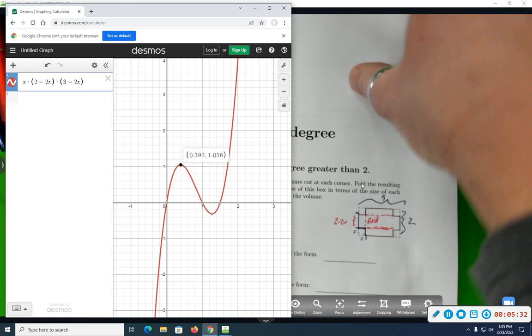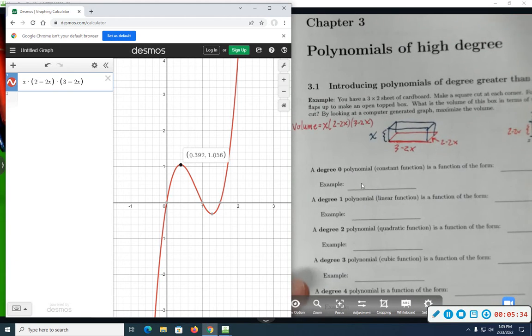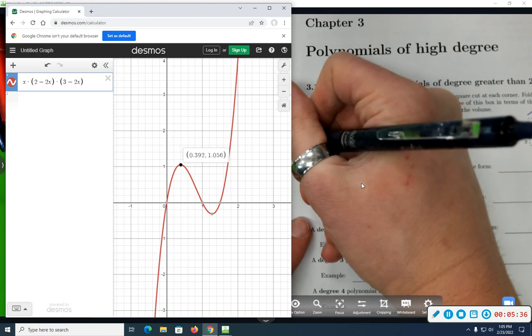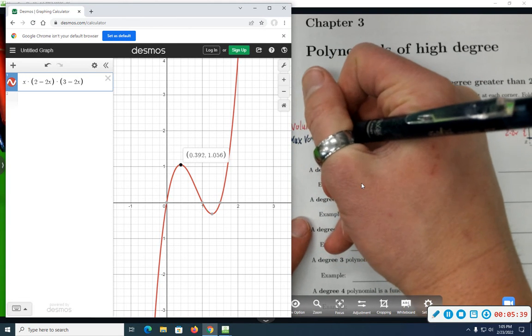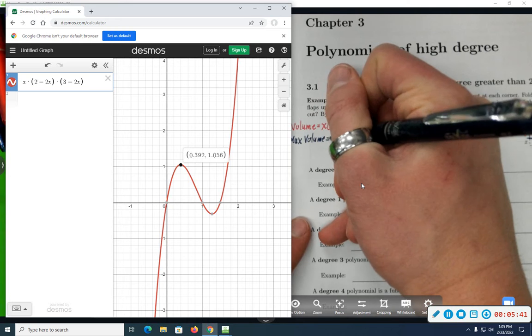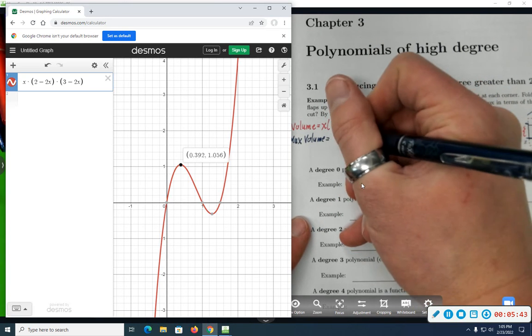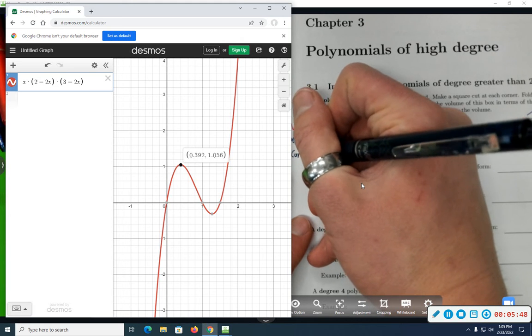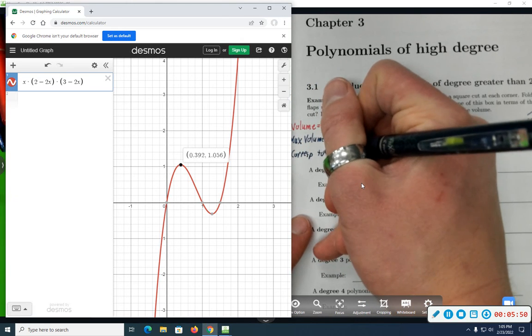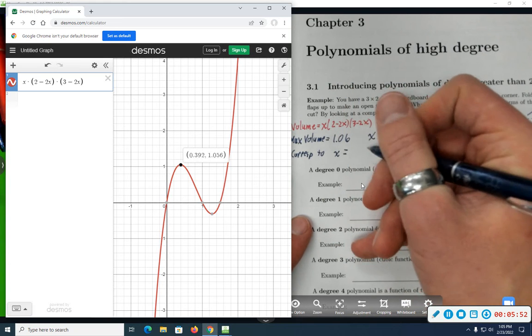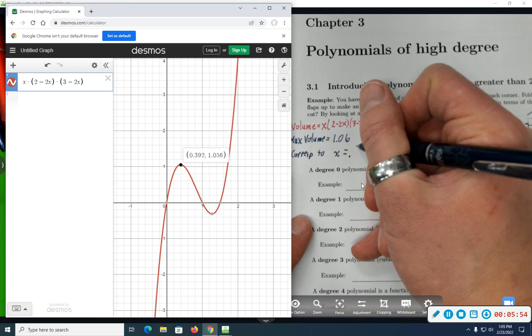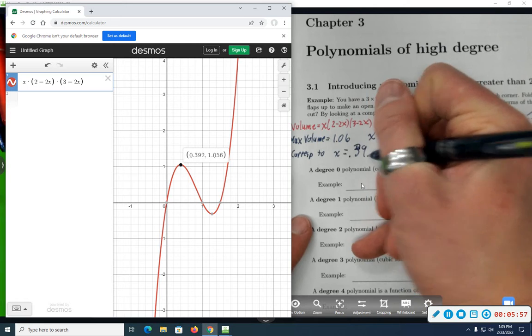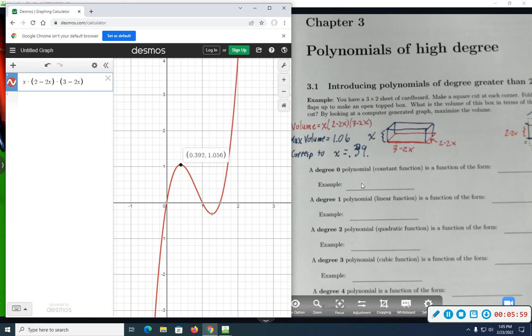It sure looks like the maximum volume is around 1.06, and it corresponds to a choice of x equal to 0.39. Are there any units specified in this problem? Okay, so I can't give units because none were specified.